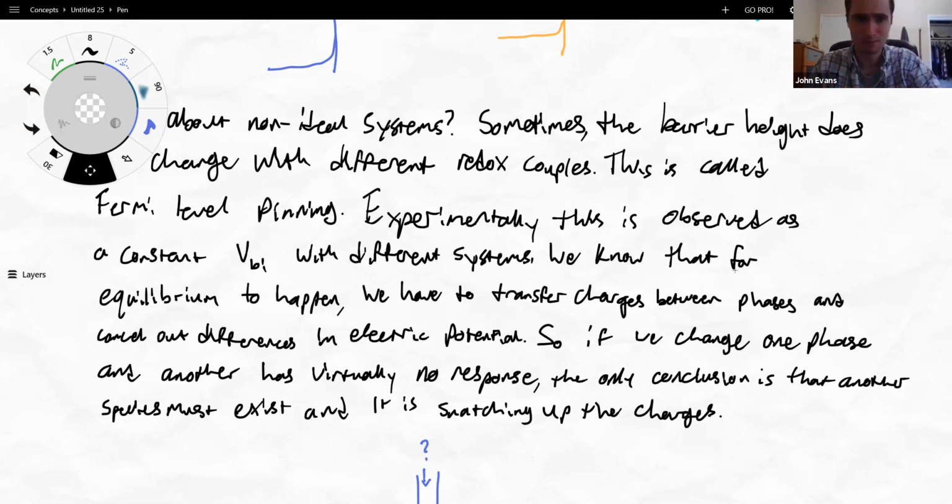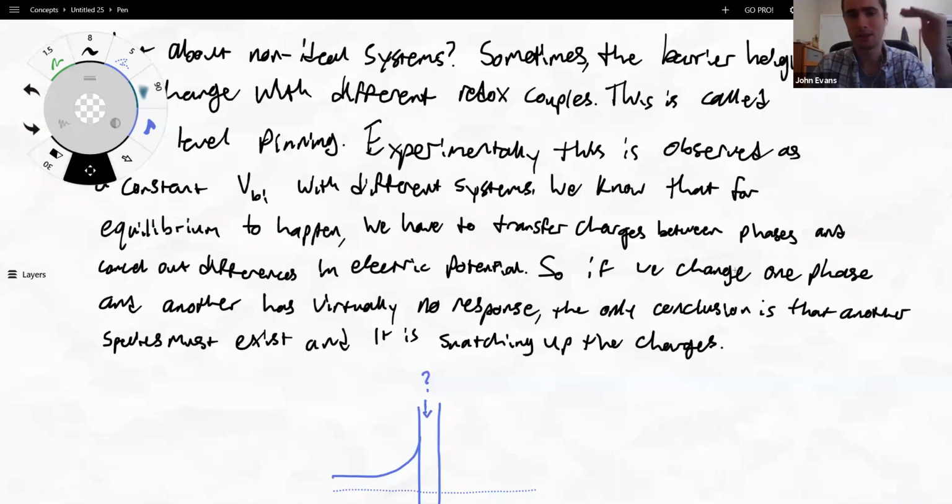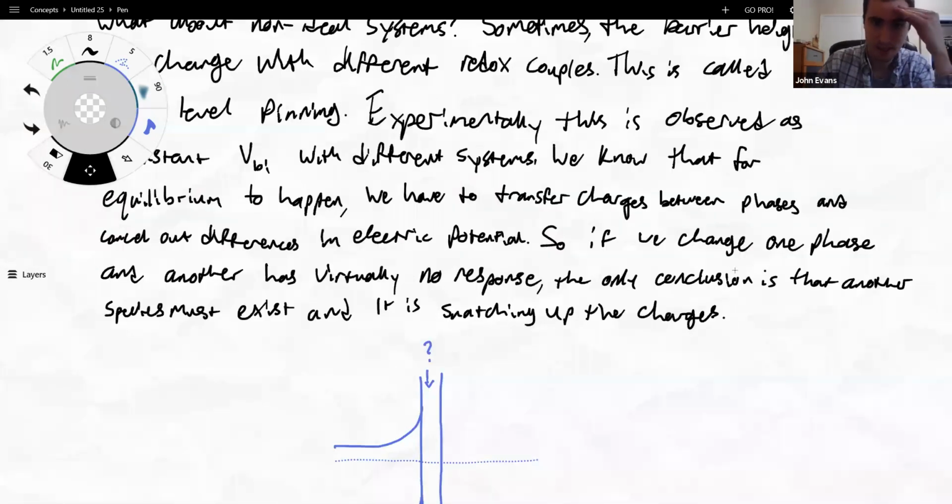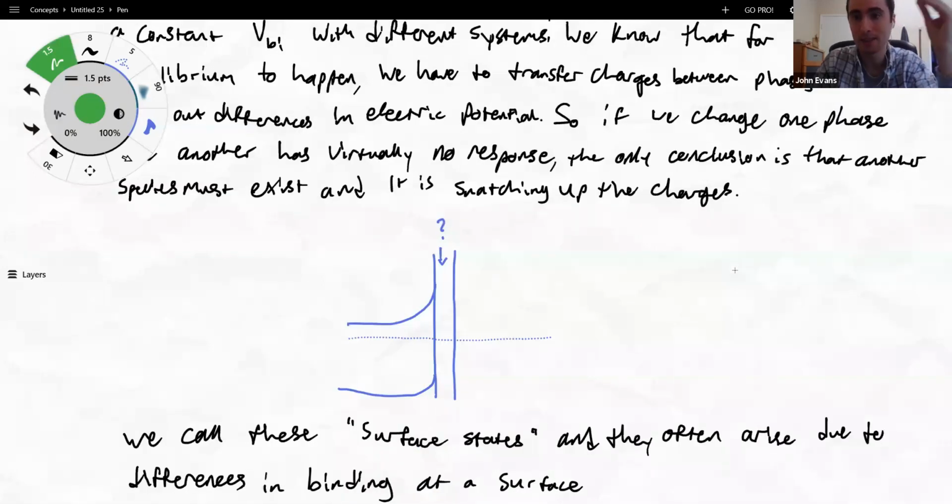So what would that look like, right? It just means that there's something going on in here. There's some extra thing that we didn't know we put into the liquid that is able to cause this change in potential. It is able to absorb this change in potential, as it were.